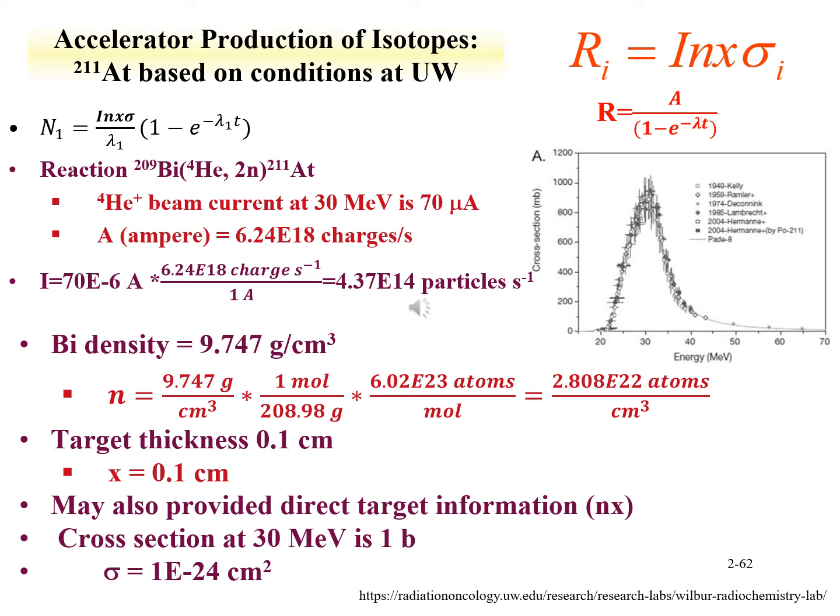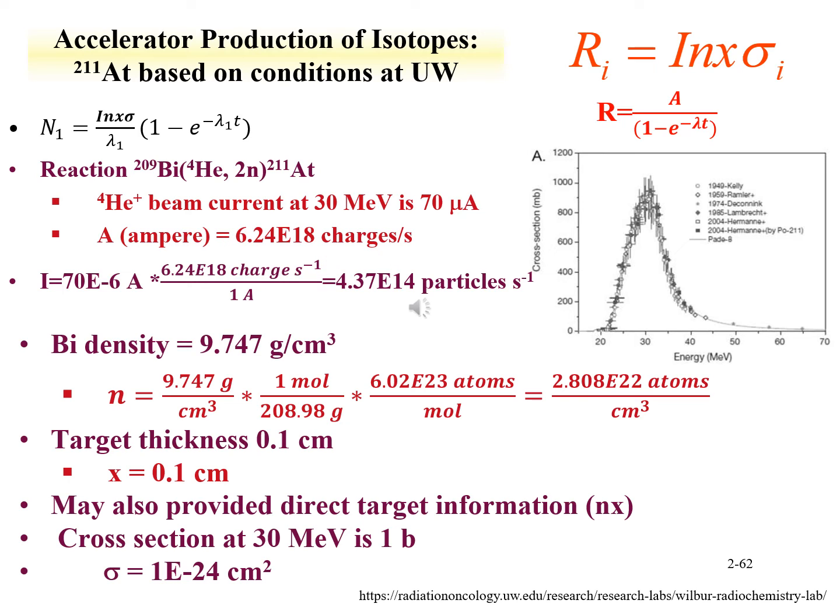The helium beam is a monovalent helium beam, and at 30 MeV it has a beam current of 70 microamps for this accelerator. The unit ampere is used to convert the microamps to charges per second using the conversion that 1 ampere is equal to 6.24 times 10 to the 18th charges per second.